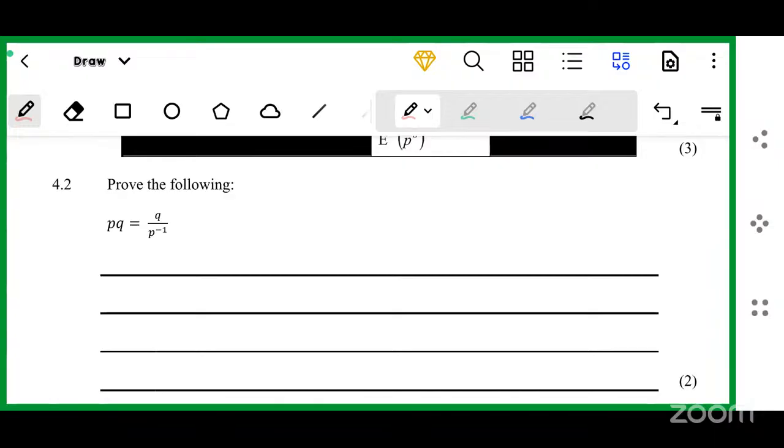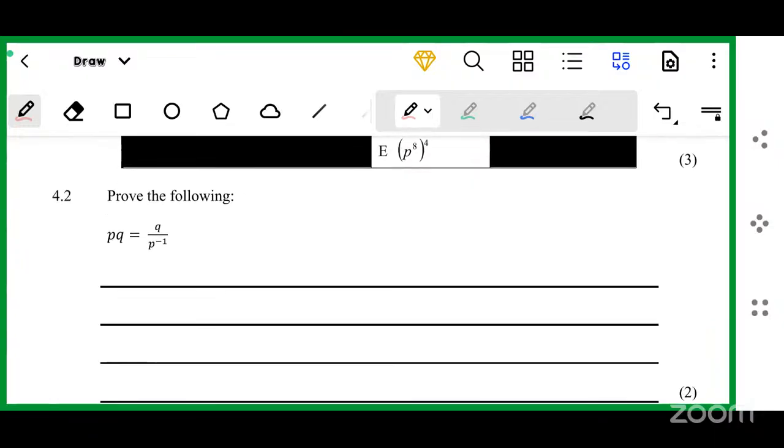Do you know where to start? I just think I'm going to say P to the power of negative 1 is the same as 1 over P to the power of 1.